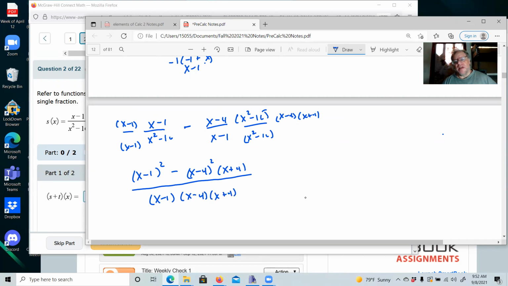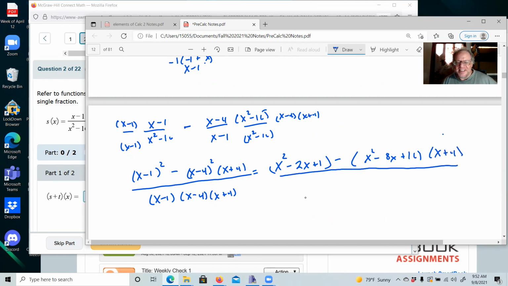Now, they want us to multiply this out. So, x squared minus 2x plus 1 minus x squared minus 8x plus 16 plus 4. This is going to be delightful, isn't it? X minus 1, x minus 4, x plus 4.